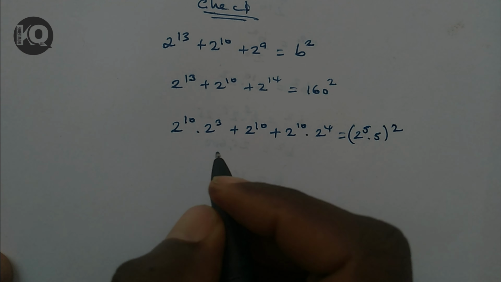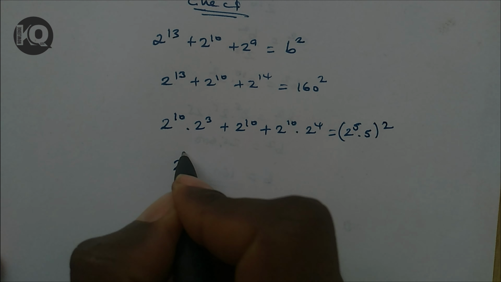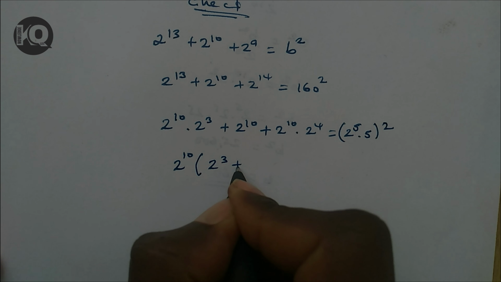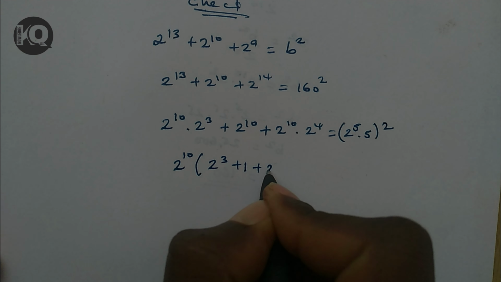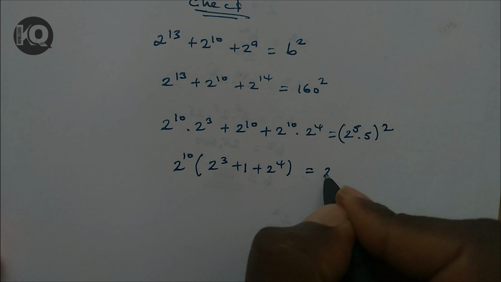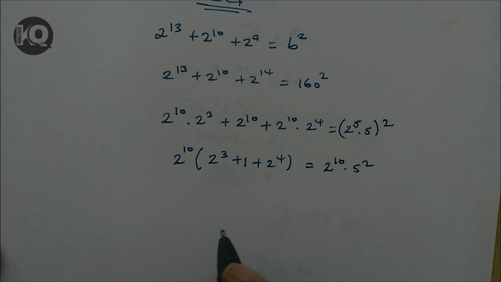So finally, we can factor out the common term, which is 2 to the power of 10 into 2 to the power of 3 plus 1 plus 2 to the power of 4, which is equal to 2 to the power of 10 times this will be 5 square.